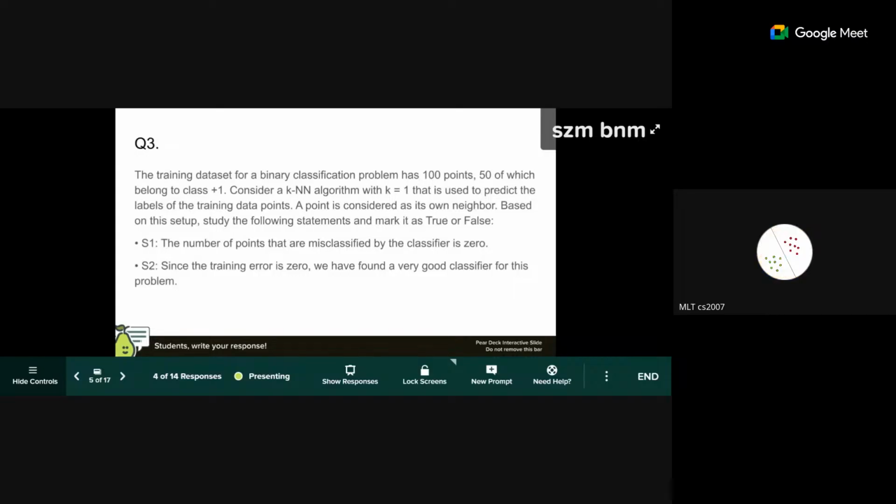If I compare and make a decision with respect to myself, I get 100 points and go through the training process, and every point is correctly classified from the training set, so training set error is 0. I don't bother about my neighbor at all. When the new fellow comes, he comes unknown, but he cannot compare with anybody else. Even if he is so close, he cannot, because he is the closest and we are taking only one.